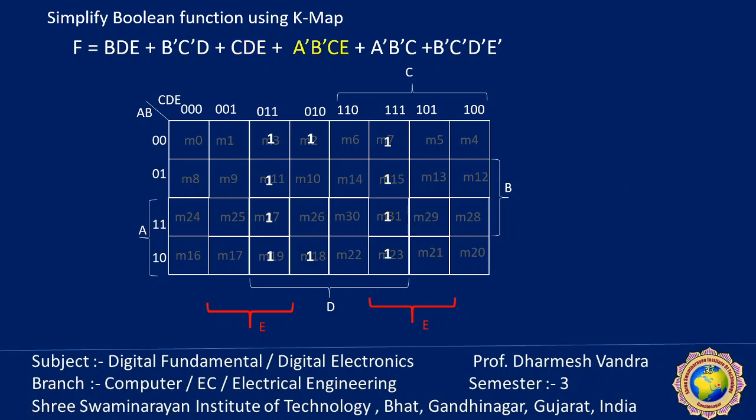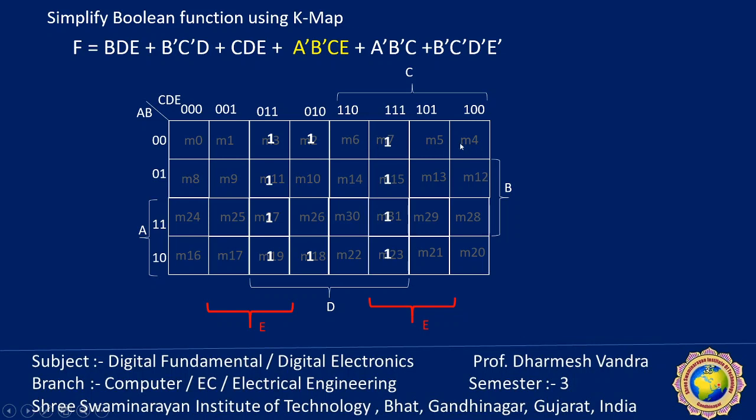Next is A dash, B dash, C, E. How many variables are there? Four. Our function is five variables. One cell is represented by five variables, so two adjacent cells represent four variable literals. Here, A dash is the first two rows. Now B dash is only the first row. So A dash B dash is 0 0 for this row. Now C is represented by these four cells only.